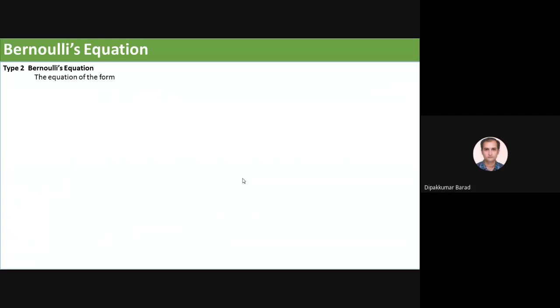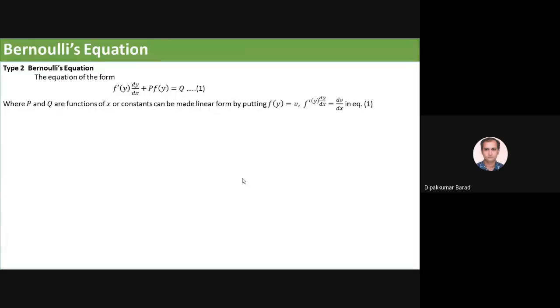Equations of the form f'(y) dy/dx + p f(y) = q, where p and q are functions of x or constant, can be made a linear form by putting f(y) = v.